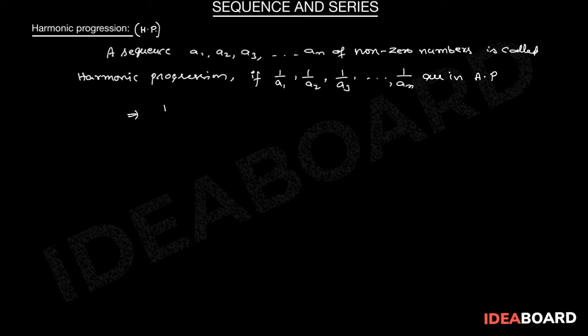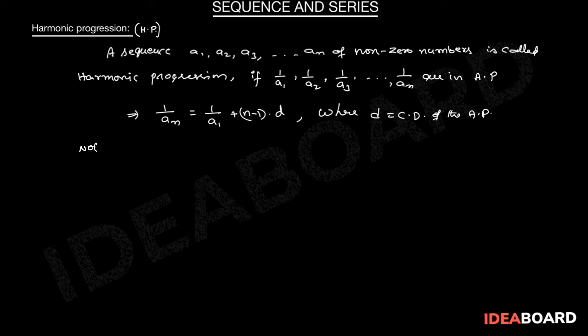That implies 1 by AN equal to 1 by A1 plus n minus 1 into D, where D is the common difference of the AP.